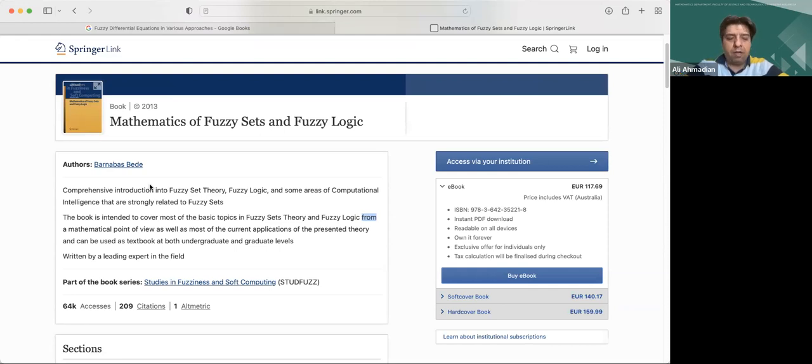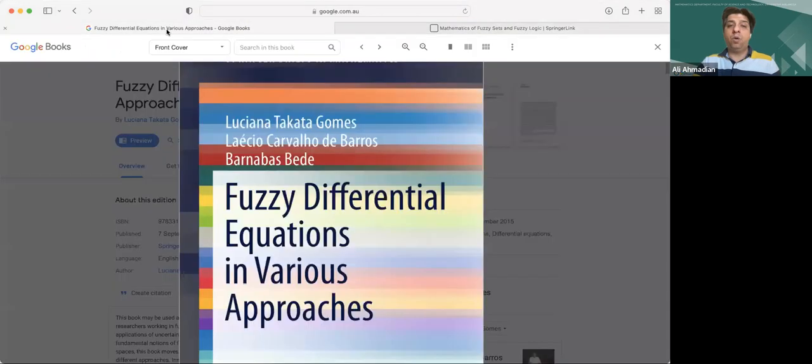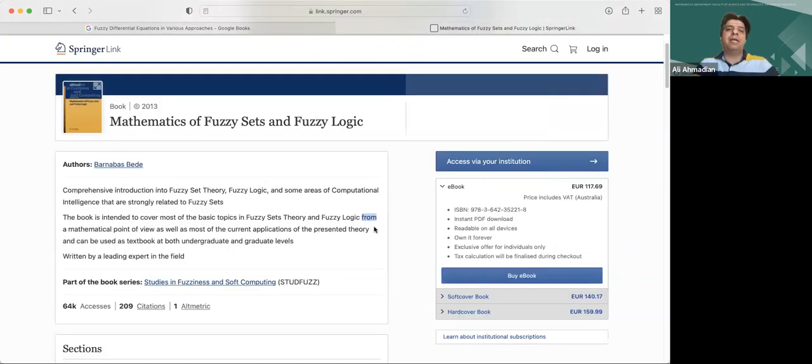We call one type of derivative fuzzy generalized differentiability. So just these three books: this one, another one on different approaches to fuzzy differential equations, and the last one, similar, published by the same author, Barnabas Bede.